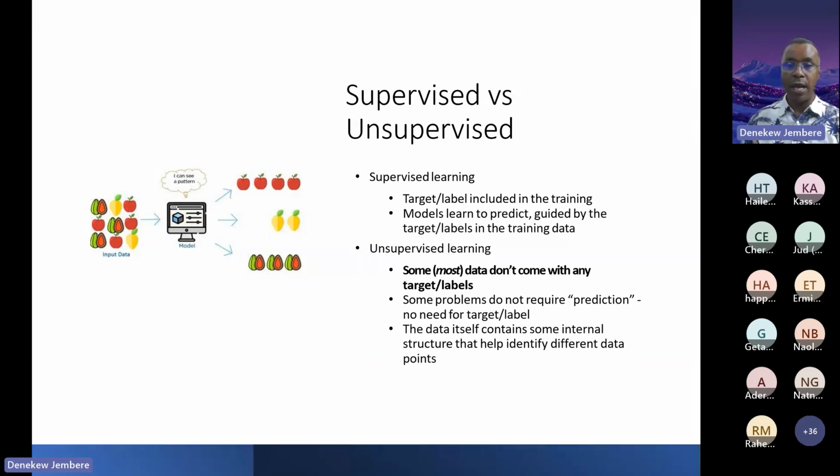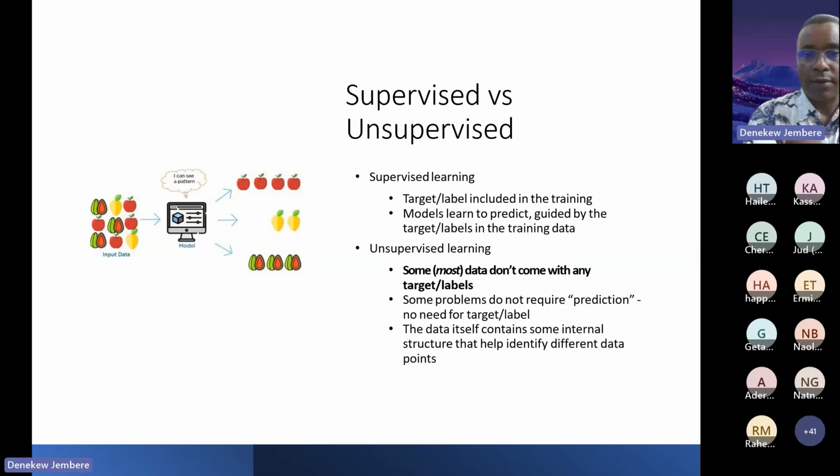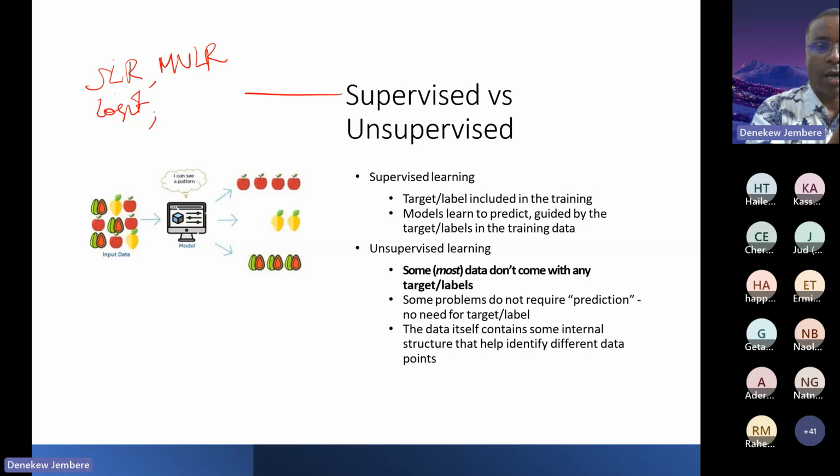In case of supervised learning, the type of learning that we covered last, this involves simple linear regression, multivariate linear regression, logistic regression, logit, and classification trees, right? This is supervised machine learning.